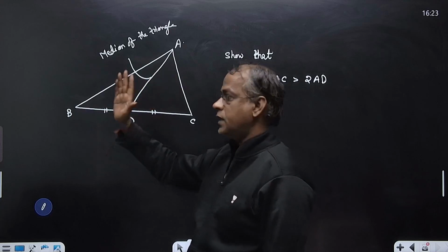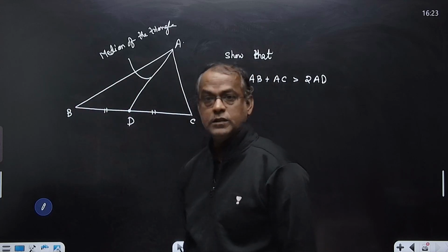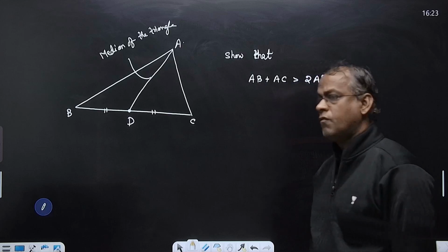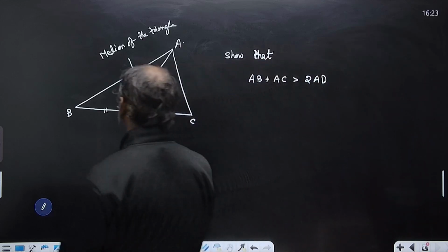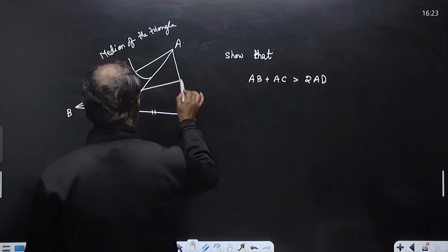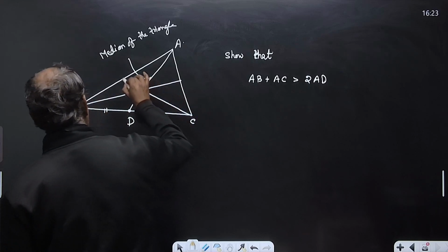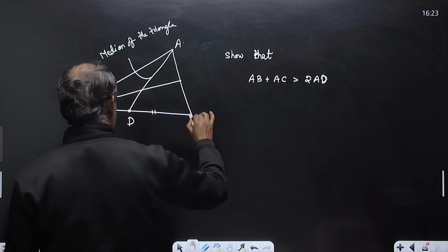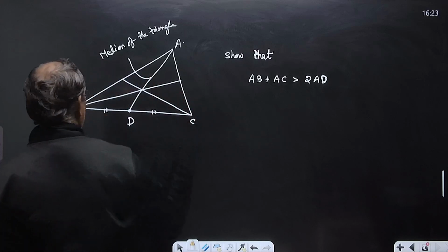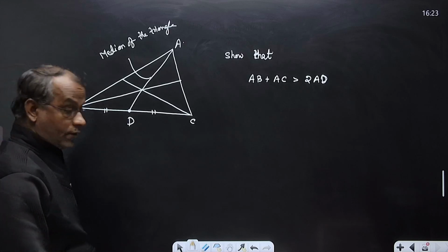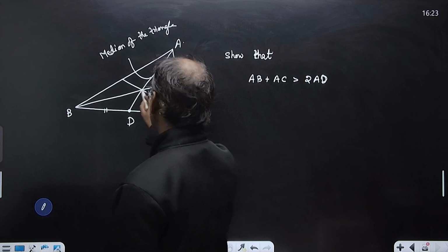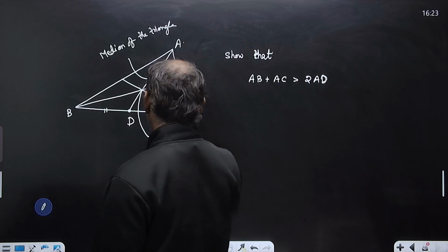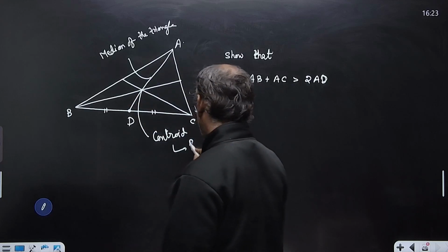We will have three such medians, one drawn from A, one from B, one from C. As we move on, we will see that these three medians meet at a point, and there are a lot of theorems related to it, such as the ratios. This point is called the centroid, the point of intersection. We will take it up later also.